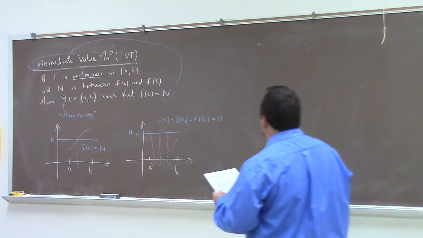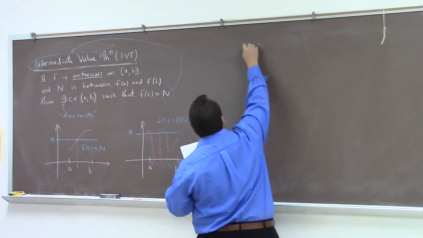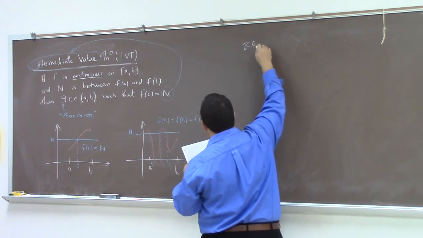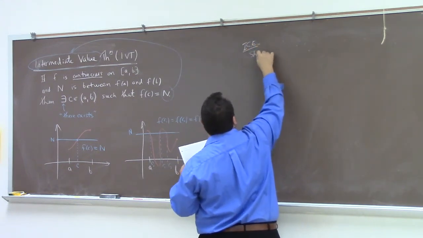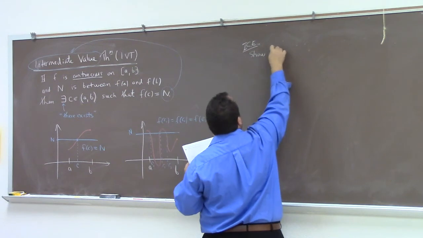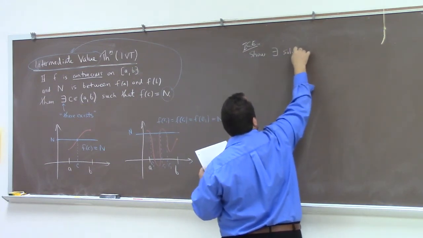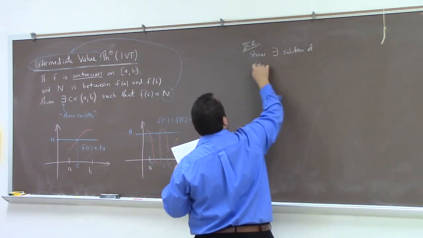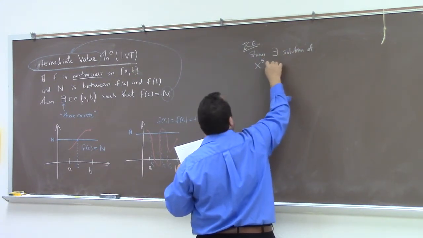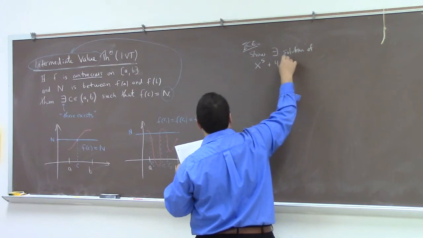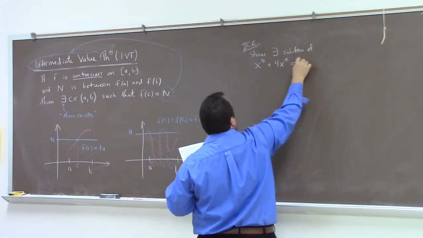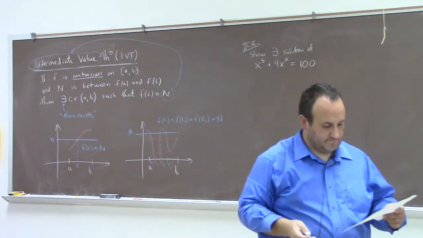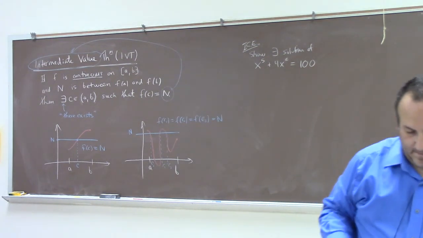So I'll show you an example. Show there exists a solution of x to the 5th plus 4x squared equals 100.